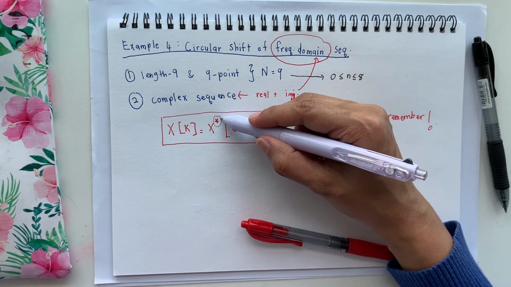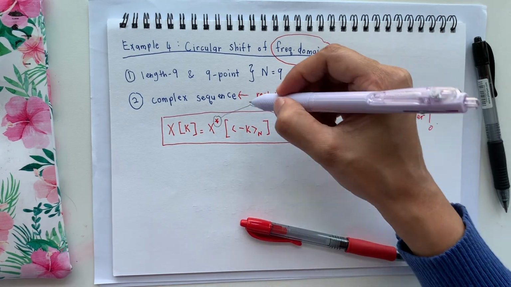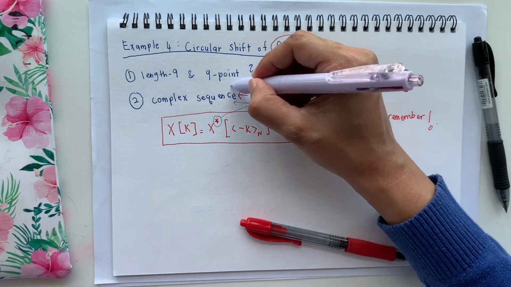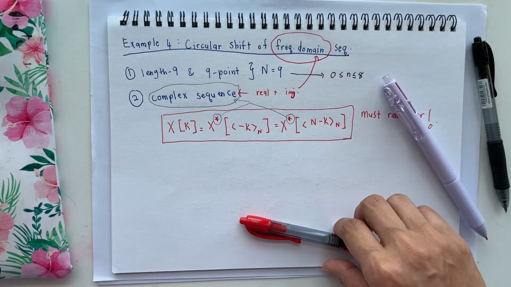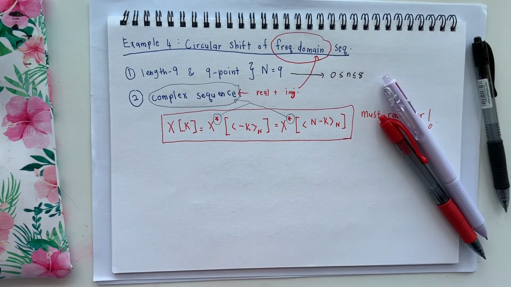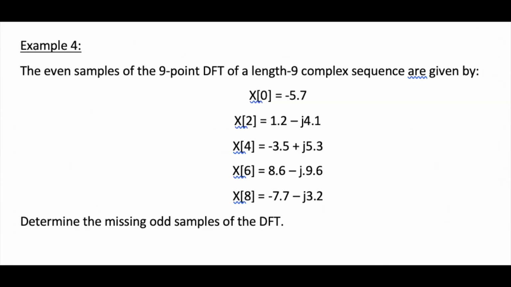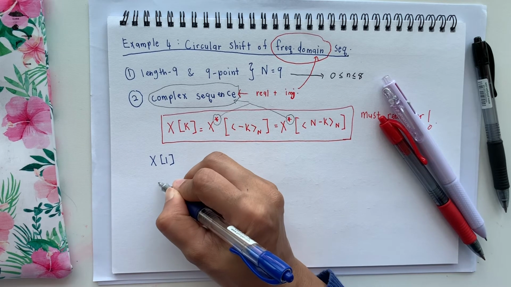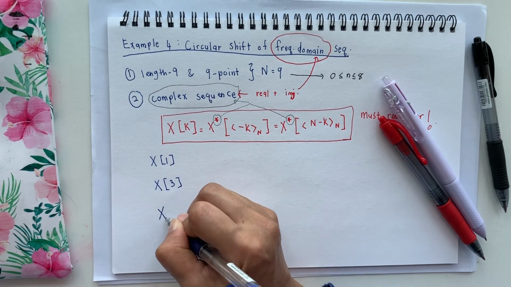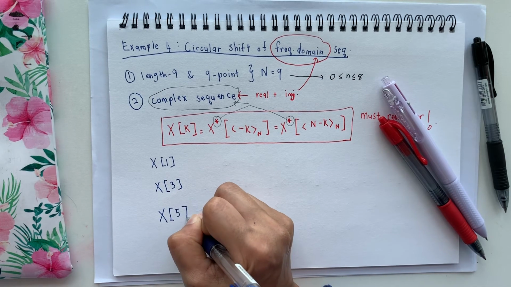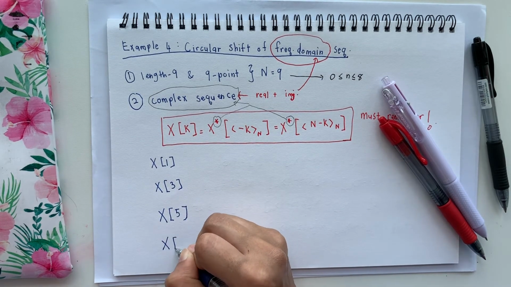When you see conjugate, you know that it is meant for complex sequences. Alright, go back to the question. You need to find the missing samples: x1, x3, x5 and x7.